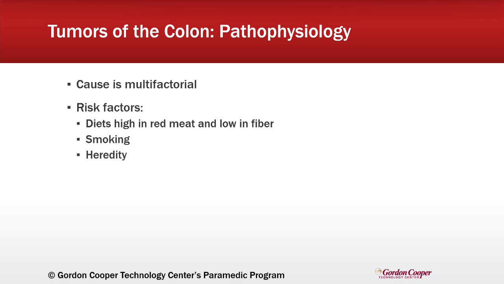There's a strong link between heredity and colorectal cancer, with one specific gene mutation giving nearly 100% chance of developing the disease, similar to the genetic link with some of the breast cancers as well. Inflammatory bowel diseases like ulcerative colitis and Crohn's disease also have a significant increase in the risk of colorectal cancer.